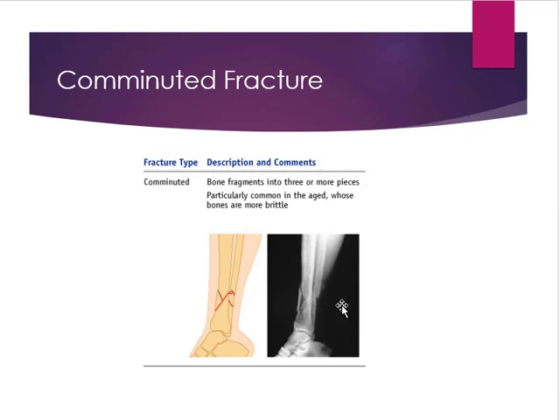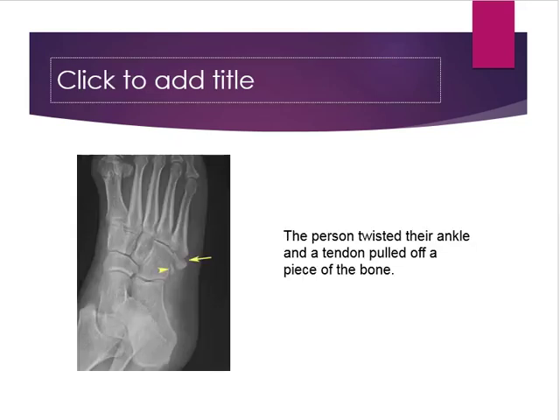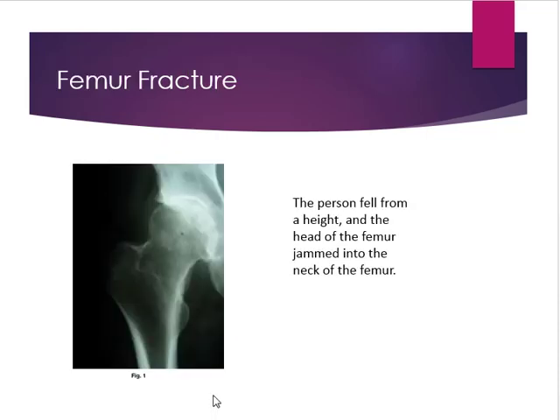It's kind of hard to see here, but on the diagram you can see better the different parts of the fracture. Here we have an ankle fracture where the tendon has been pulled off a piece of the bone. This is a fracture of the femur where a person fell from some height and the head of the femur jammed into the neck of the femur.